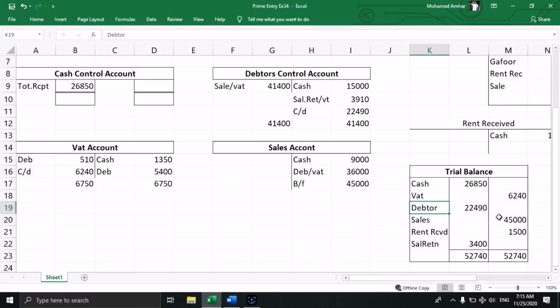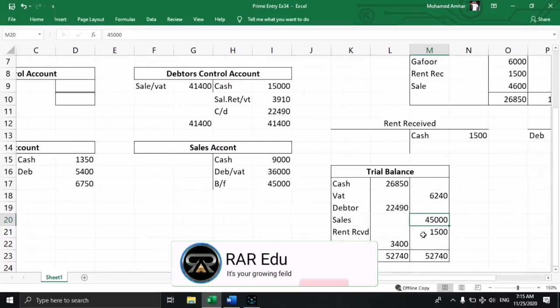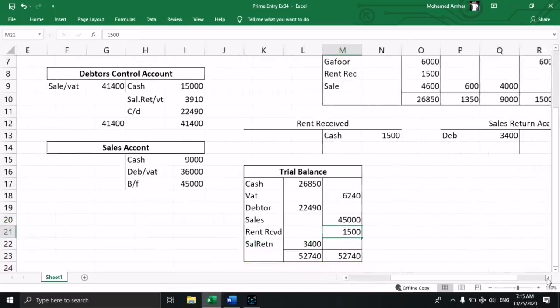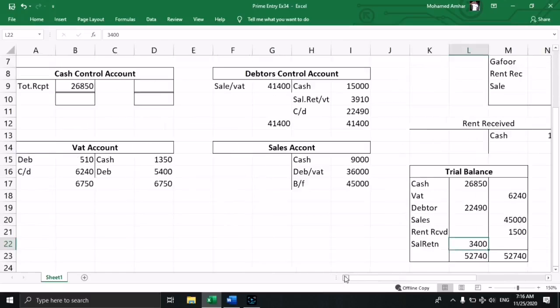You have to credit in the trial balance. Then rent received is credit balance 1,500. Then sales return debit balance 3,400. Right, now we transferred all the balances to the trial balance.